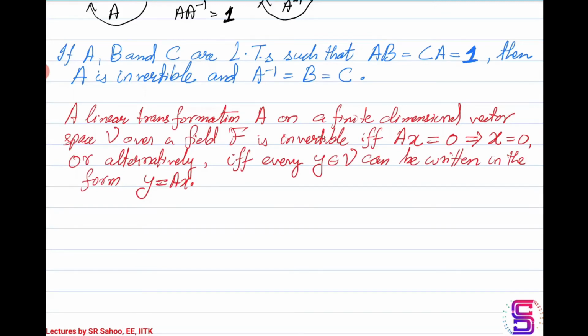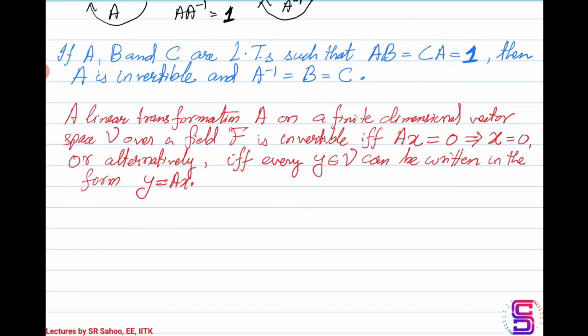The reason is that the one-to-one condition in the case of a finite dimensional vector space immediately implies that the onto condition is also true, and similarly the onto condition implies that the one-to-one condition is true. So if one of them is satisfied, you can be confident that for a finite dimensional vector space the given linear transformation is actually invertible.